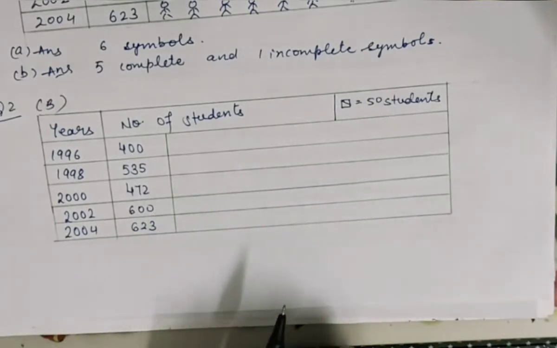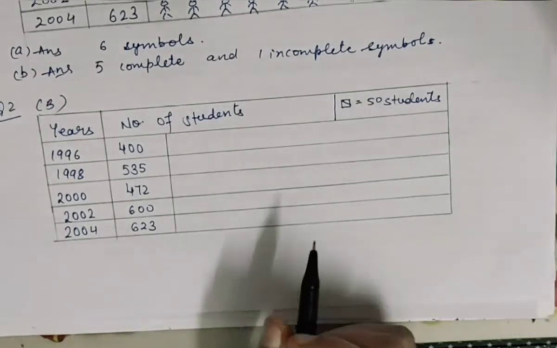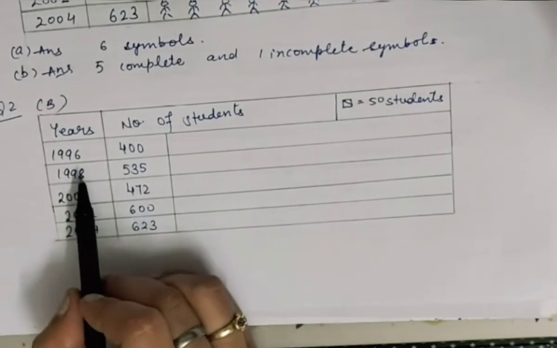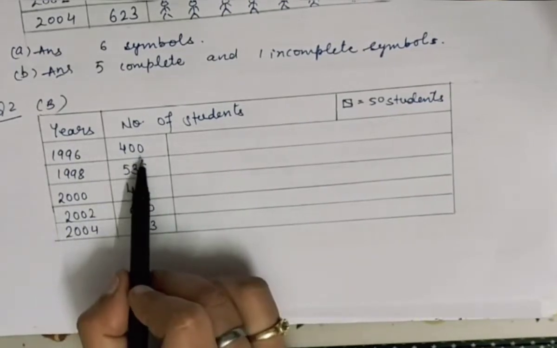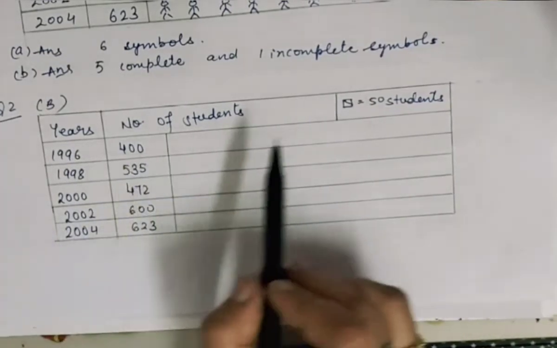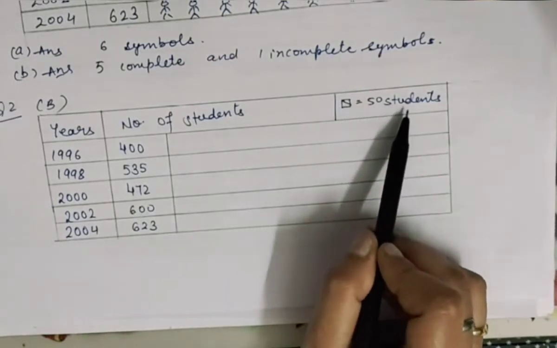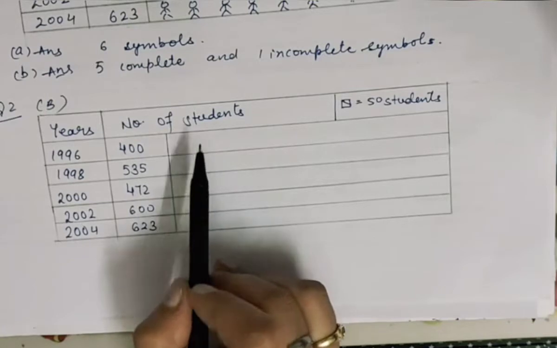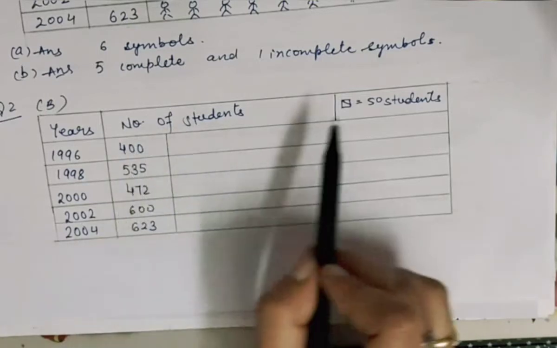How many symbols are required to be drawn by us? So that is 1996, 400 students. So this symbol represents 50 students. How many symbols are required here? So there will be 8, because we divide 400 by 50.